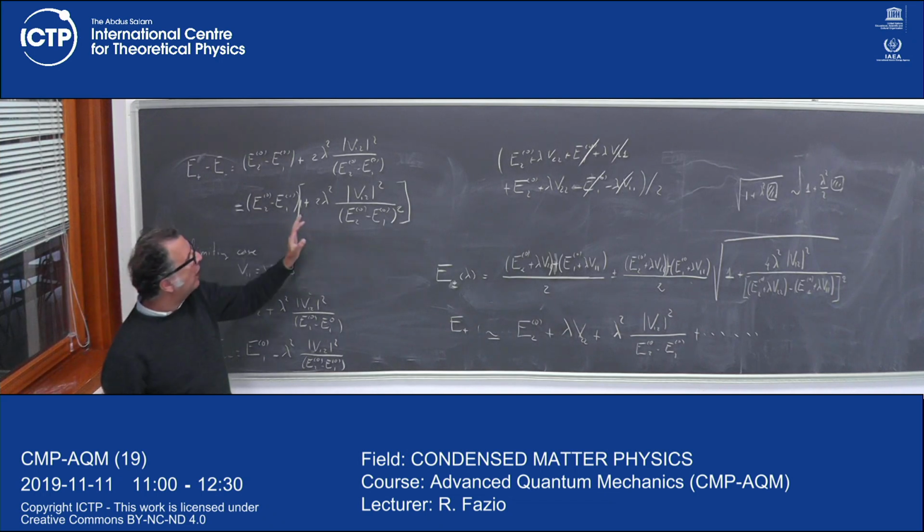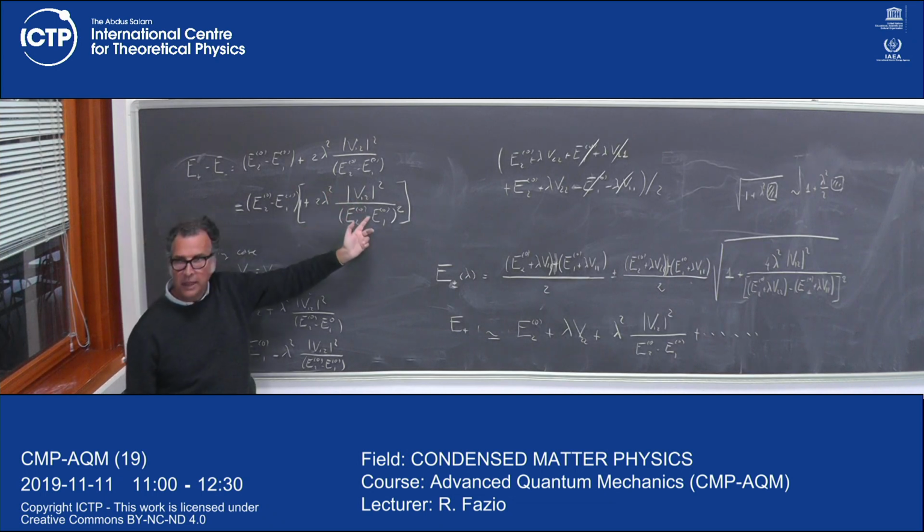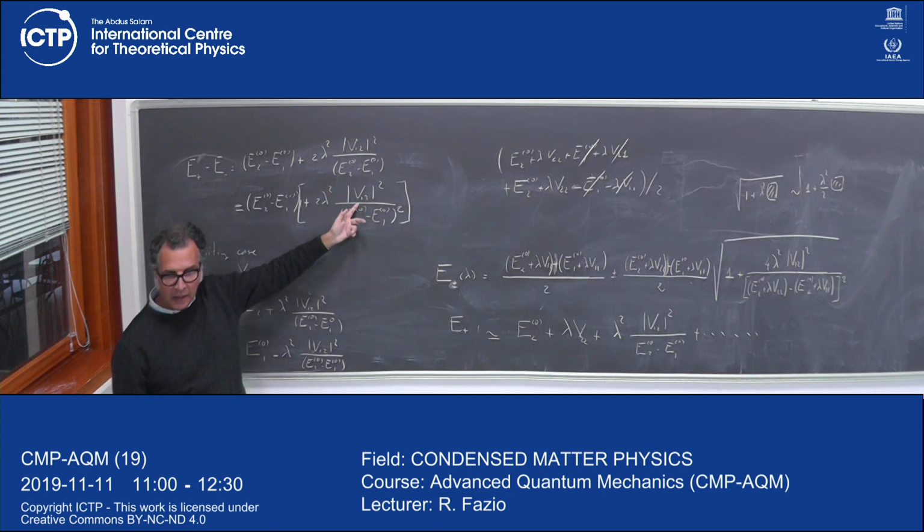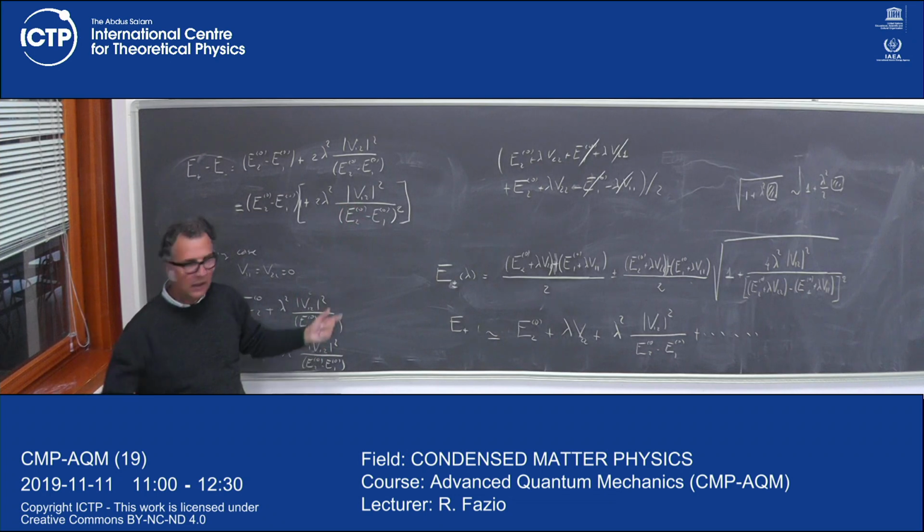Now, perturbation theory is good when this correction is much smaller than 1. So you see that the important ratio to compare is the off-diagonal matrix element with the gap.